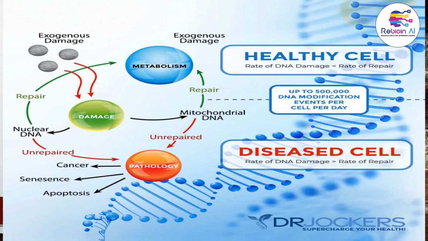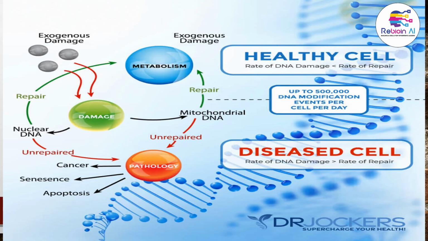However, sometimes the DNA damage is severe or the repair system fails. The DNA damage remains unrepaired, leading to permanent mutations. These mutations can affect both nuclear DNA and mitochondrial DNA, causing abnormal cell behavior. When DNA damage is not repaired, the cell may enter pathology, which means the cell becomes abnormal and diseased.